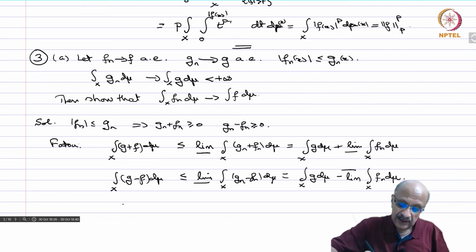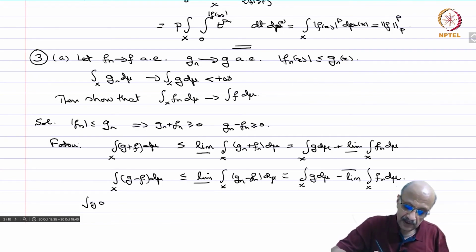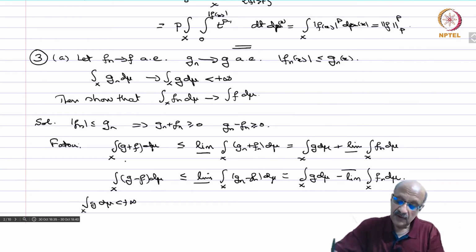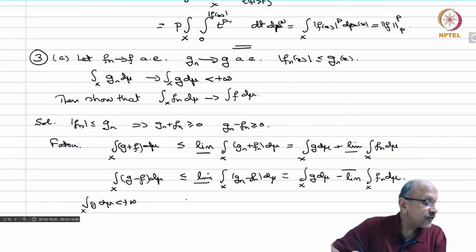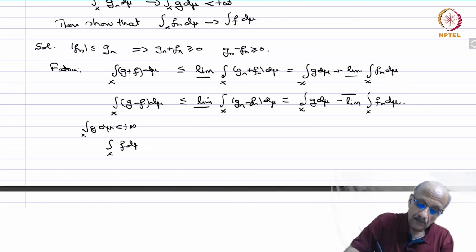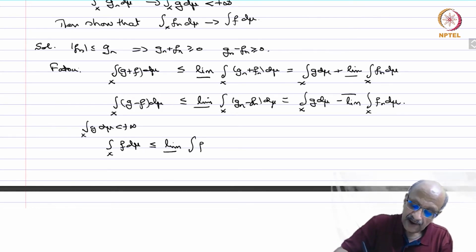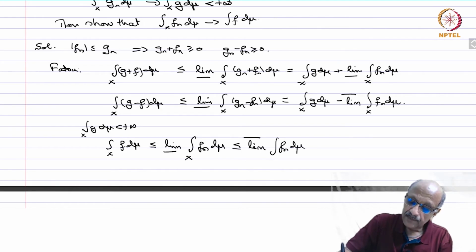Now the integral of g d mu is finite, and therefore we are allowed to cancel it in both these relationships. So if you cancel that, you will get the integral of f d mu is less than or equal to lim inf of the integral of fn d mu, and that of course is always less than or equal to lim sup of the integral of fn d mu.